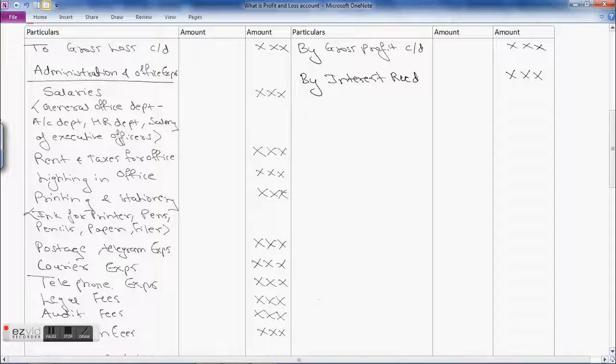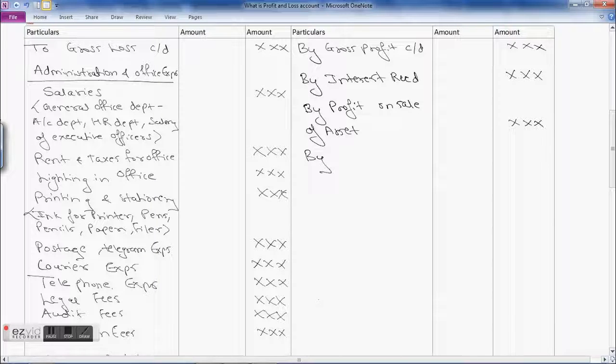Then there may be some sale of asset, so there may be some profit on sale of asset, and it will be included here. Then there may be some premises of your factory or office premises that you are not using, so you have sublet some part of it and you are receiving rent on that.